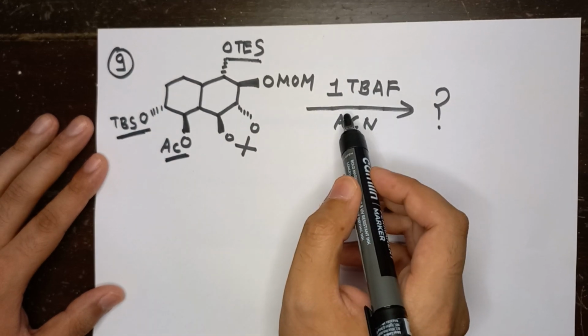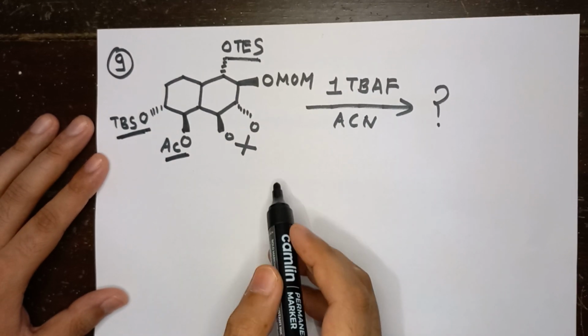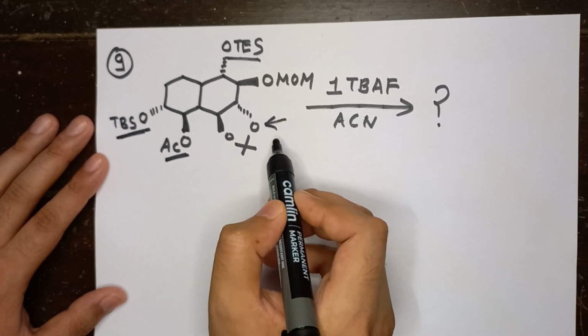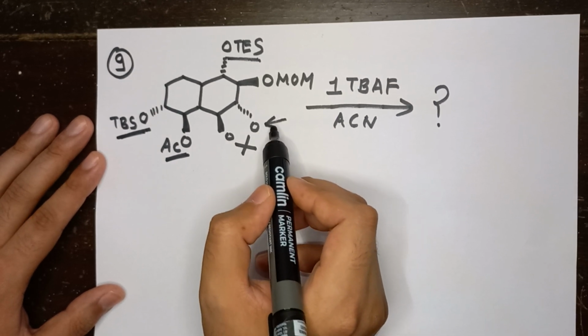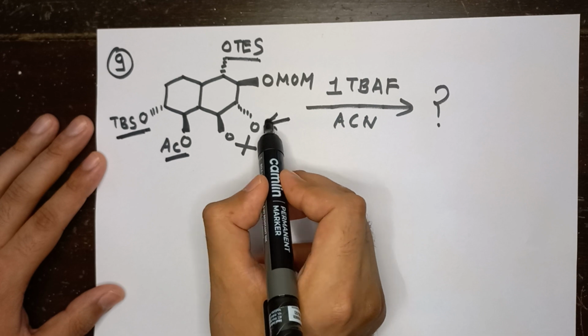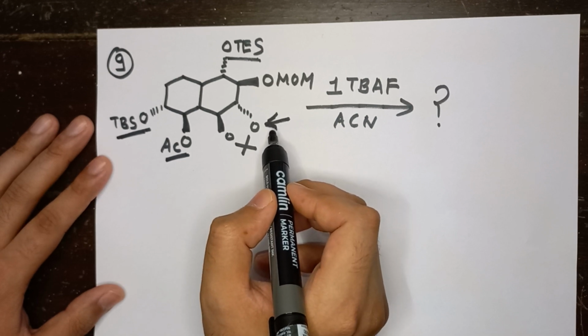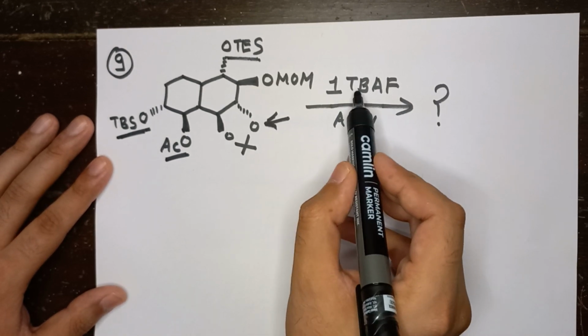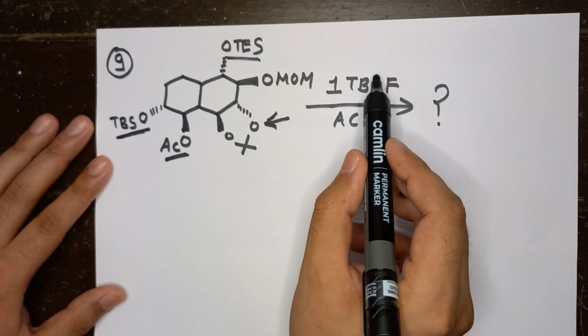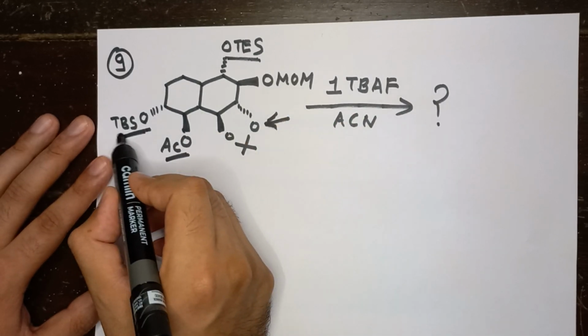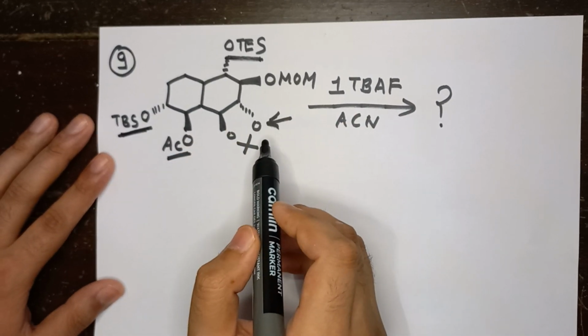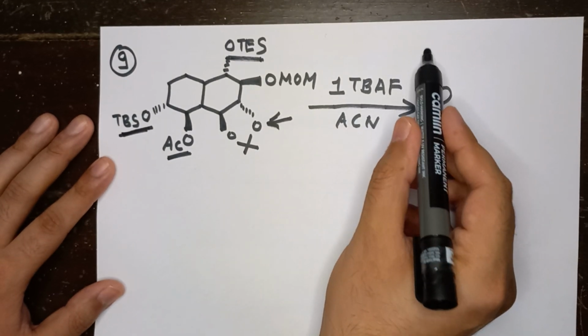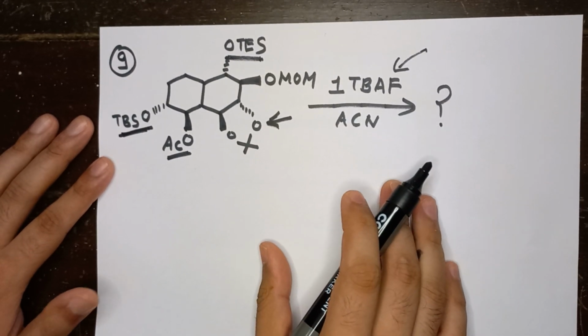Well, we do not have it. And this is also deprotected under acidic or basic condition, particularly acidic condition, which we are going to see in detail in future videos. So for the time being, we know we have TBAF and it will give me F minus and it will deprotect the silyl group. But which silyl group? Because I have only one equivalent of TBAF.